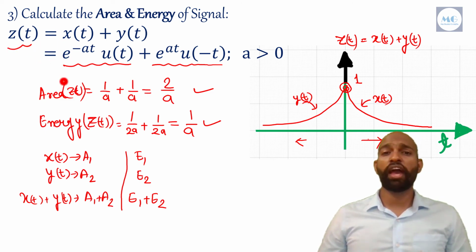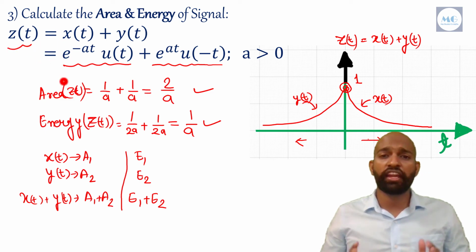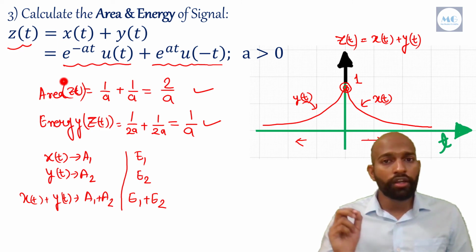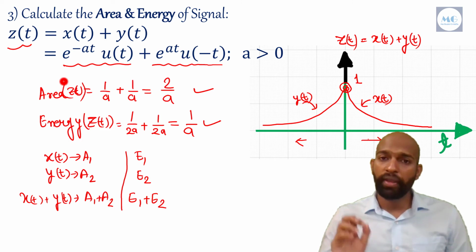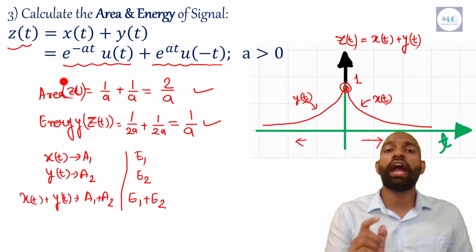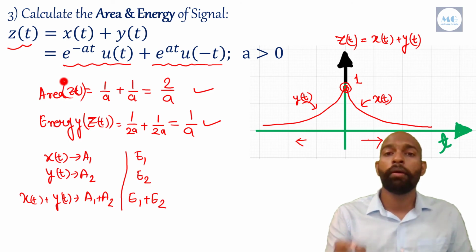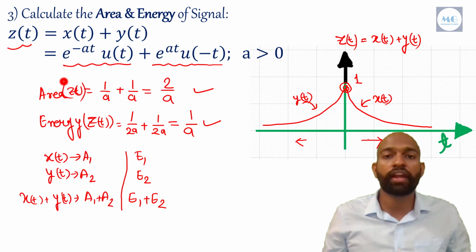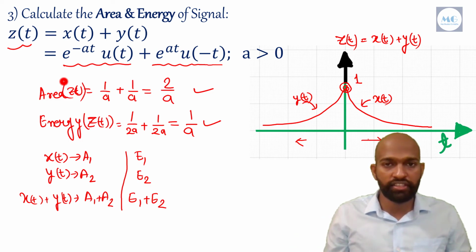In this way we have found the area and energy of exponential functions, and also we got two properties of area and energy. The first property is that area and energy will be the same for time reversal. Time reversal doesn't affect area and energy.